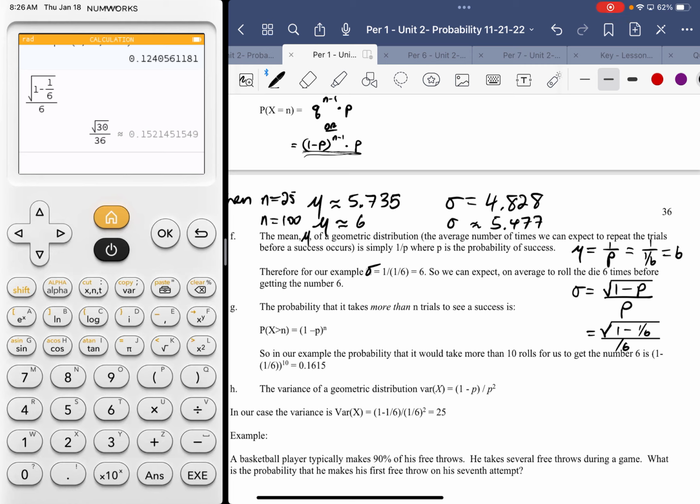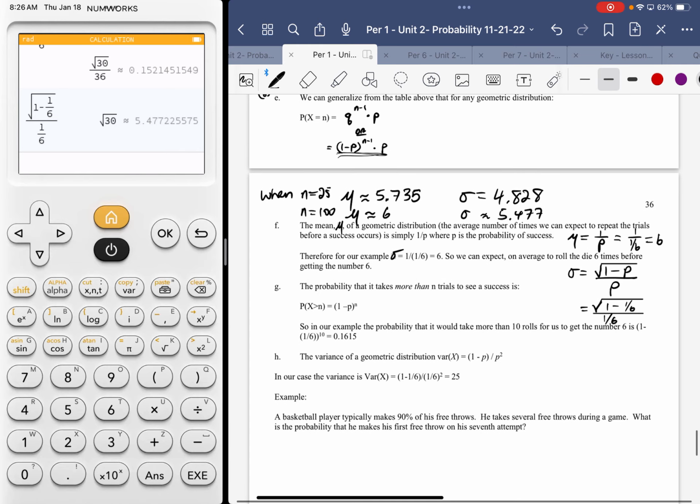About 5.4. So that one actually checks out pretty good. All right. So this other stuff here, the variance, all that is my standard deviation squared. So that's not something that I think we need to worry about too much.